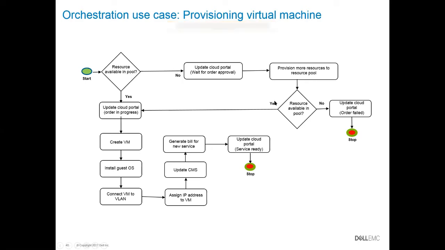If they are available, how we should be creating the virtual machine, how we will install the operating system, how we will provide the network services. All this process is followed, and then finally you give the service to the user. So the orchestrator follows a workflow, as we can see here.